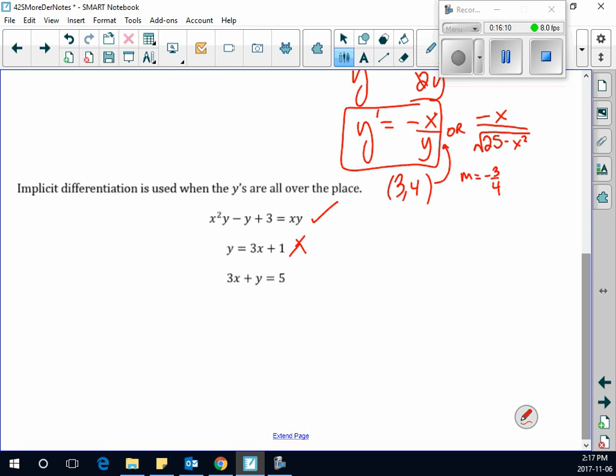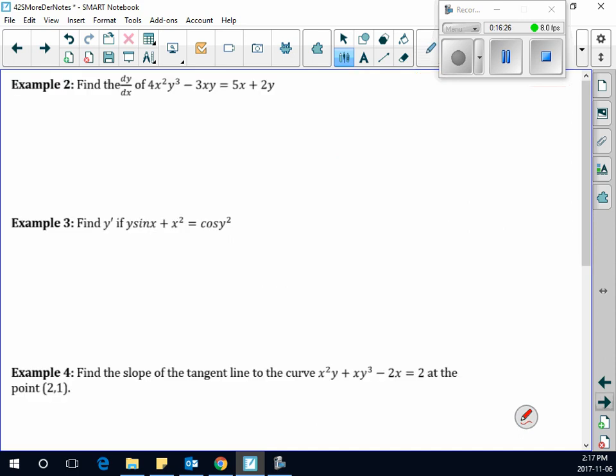It's y equals negative 3x plus 5. It's pretty easy to solve for. So does everybody see, it's when it's really hard to solve for y, right? In one move, I can move this 3x over the other side. It's pretty easy, right? Okay. Does everybody agree? This is implicit differentiation. Okay.